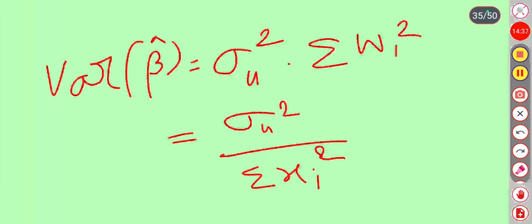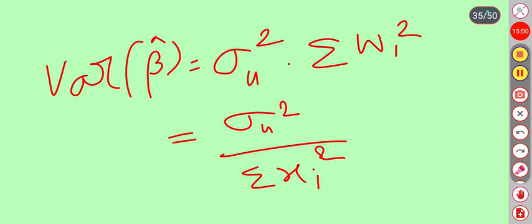Now we come to the other part, that is we are taking another estimator to compare with beta hat, that is, is beta hat the minimum variance estimator, or does it satisfy the BLUE property or not. That is why we take another estimator, beta tilde.